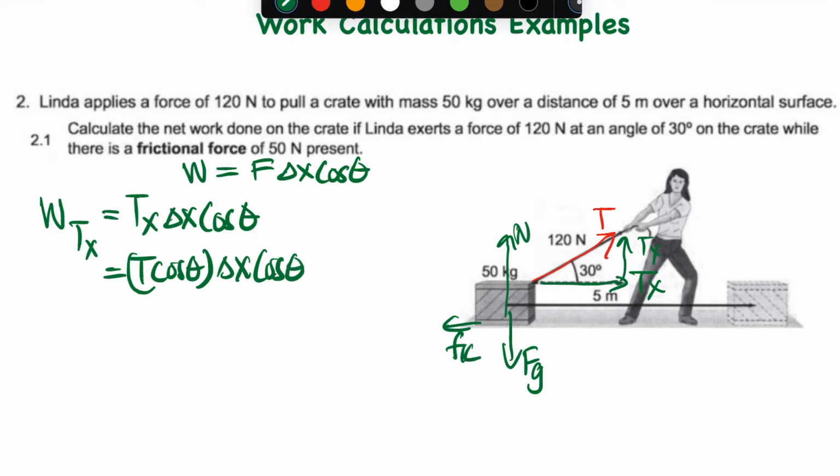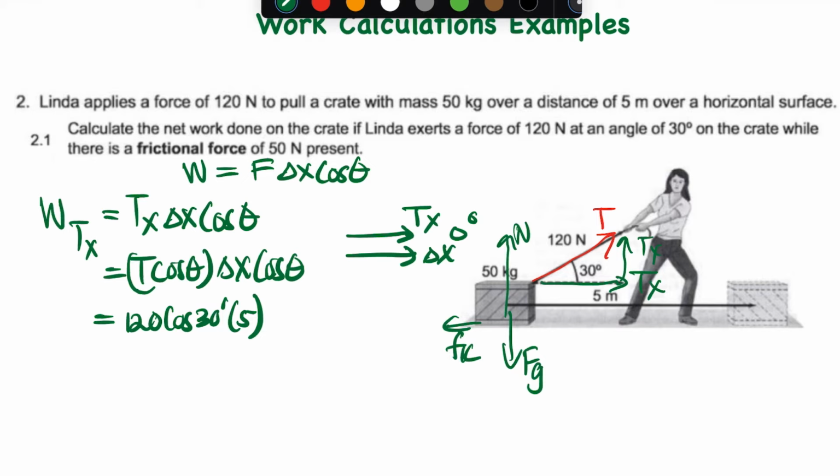Now we substitute. Tx is going in the same direction as the crate's displacement, so the angle between them is 0. It's 120 cos 30 times the displacement, which is 5, times cos of the angle, which is 0 degrees.